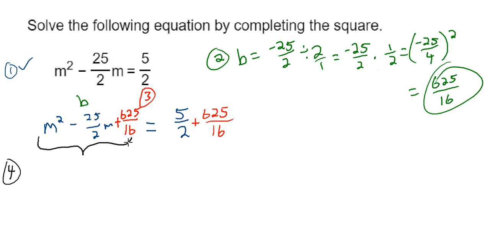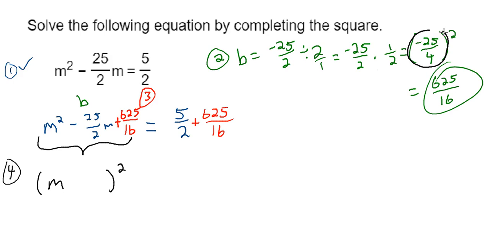Now here's where we have trouble, because here you're not going to be able to think of two numbers that multiply to 625 over 16, but add to negative 25 over 2. They're fractions. It's just a difficult question to answer. So instead, what I'm going to use is the shortcut that we just talked about on the last couple of problems. I'm going to go over here to before I squared the number.